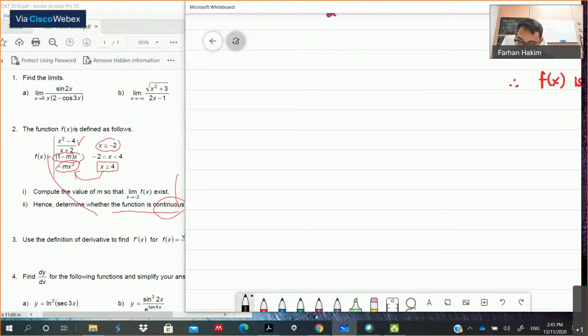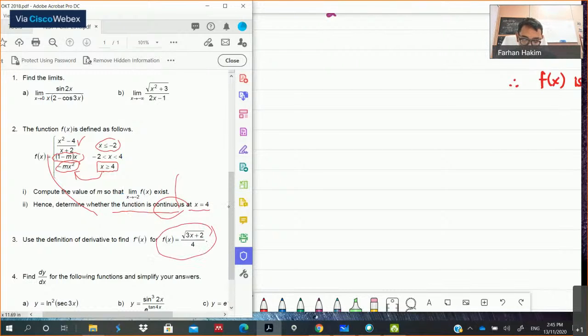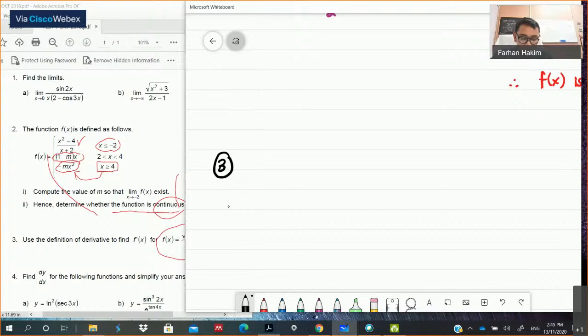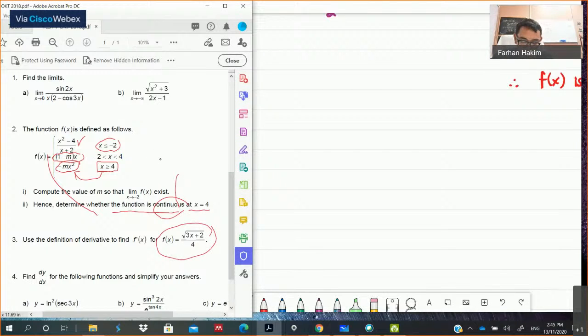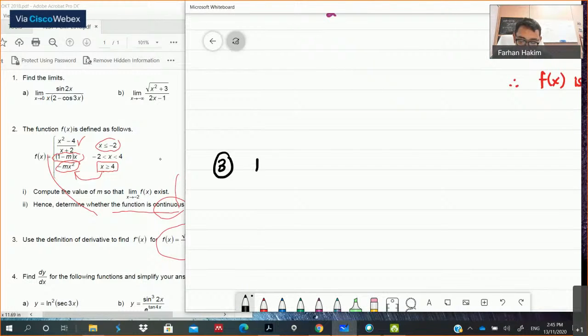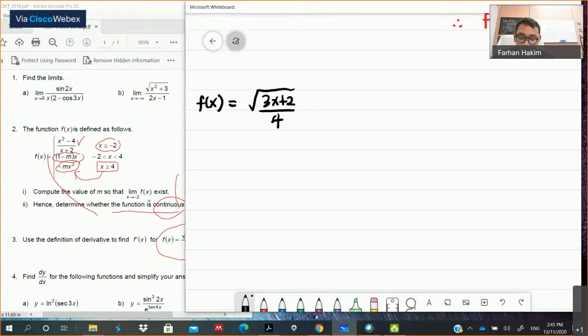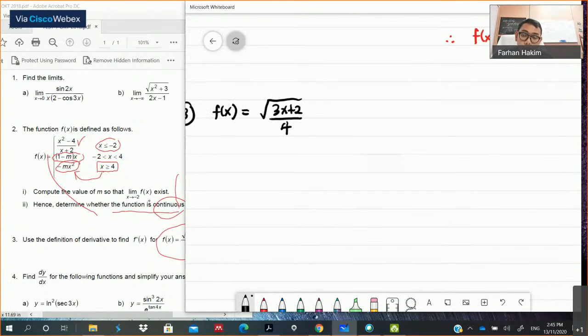Number 3, suppose we use the definition of derivative to find the value for this one. We have f(x) equal to the square root of 3x plus 2, all over 4. To find this using the definition of derivative, we have to find f(x plus h) first.